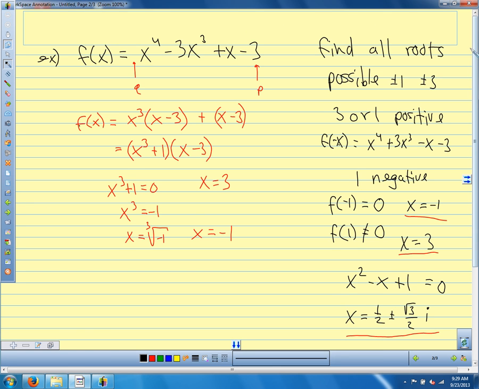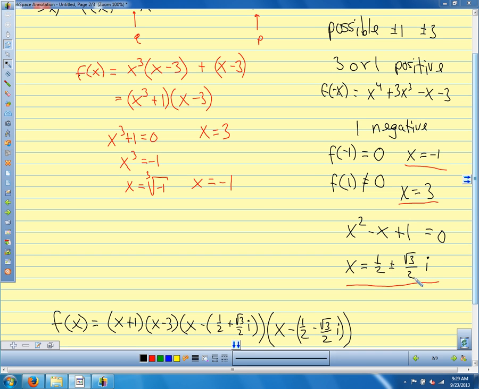I know we didn't go through, but when we did our quadratic formula, we always have the negative b plus or minus the square root. Well, that plus or minus generates, when we have a complex root, a conjugate pair. 1/2 plus square root of 3 over 2i, 1/2 minus square root of 3 over 2i.